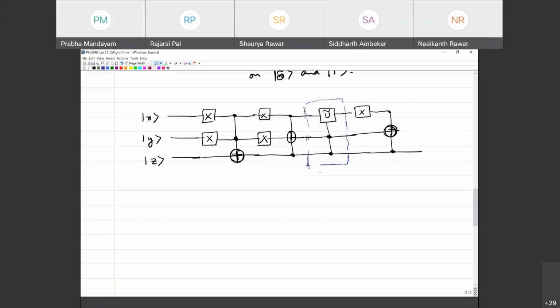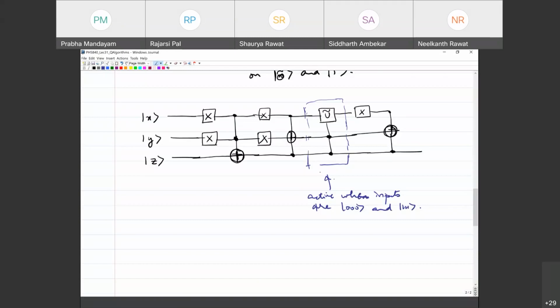So all the other controls are essentially to get that conditioning, right? So this has to be active when the inputs are 0, 0, 0 and 1, 1, 1, right?